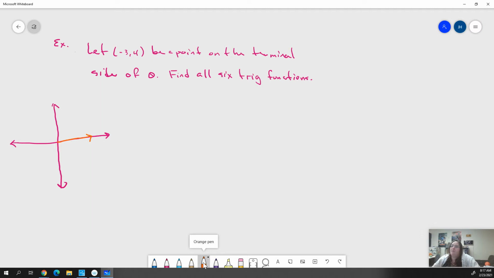And -3, 4 is going to be somewhere in here, right? I don't even have to think about it. It's going to be at like -1, 1, 2, 3, 1, 2, 3, 4. But it doesn't really matter a ton where it is, as long as we know what quadrant it's in, right? So this is going to be my point, -3, 4.